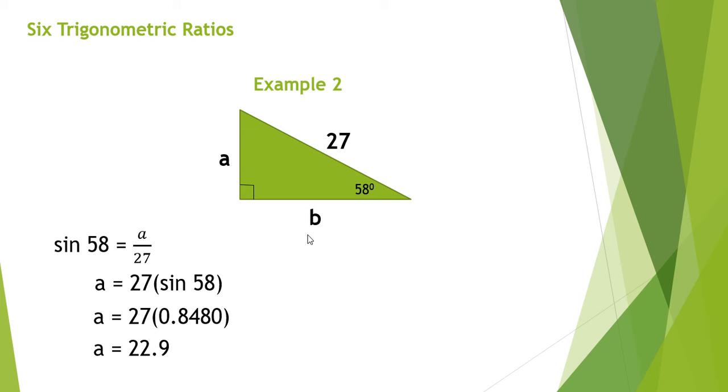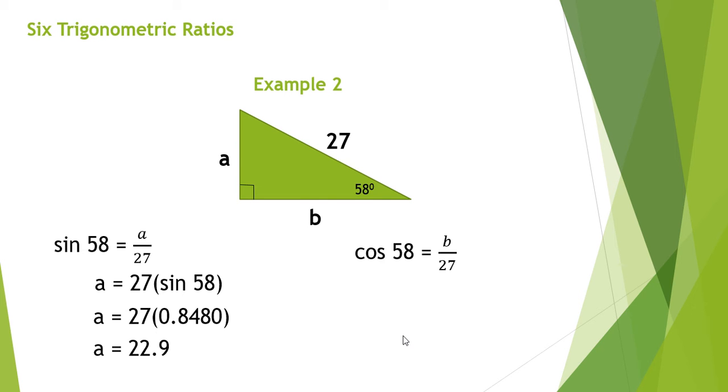So we will move on to finding B. Since B is the adjacent side of theta, it is applicable for us to use the cosine ratio. So cosine 58 is equivalent to B over 27.